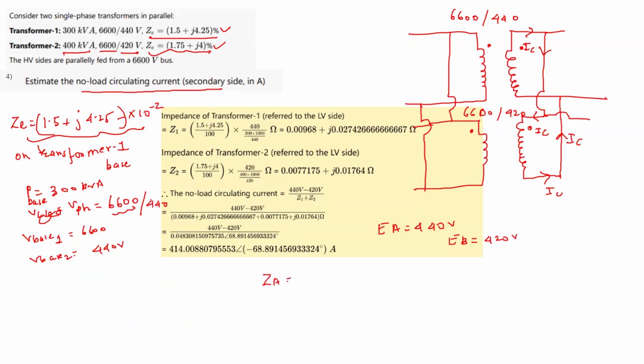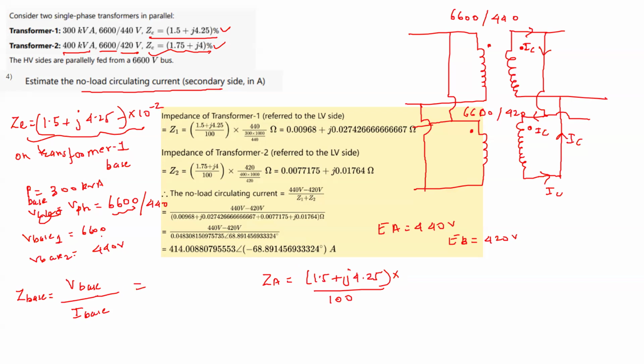And what about ZA? ZA will be 1.5 plus j4.25, divided by 100 because it is percentage, into its Z base. So how do you calculate Z base? Basically it is voltage base by current base.